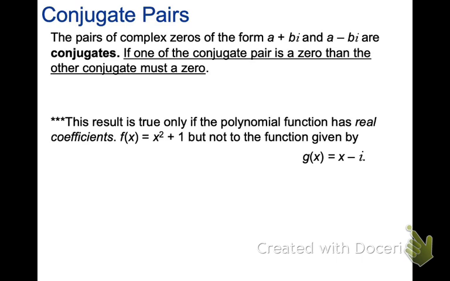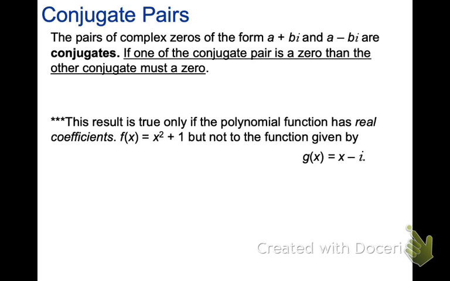So it says the pair of complex zeros, a plus bi and a minus bi, are conjugates, yes? Okay? If one conjugate is a zero, then guess what? The other is. We went over this before and we forget it, so we have to keep reminding ourselves. This result is true only if the polynomial function has real coefficients. f of x equals x squared plus 1, but not if the function is given as x minus i.